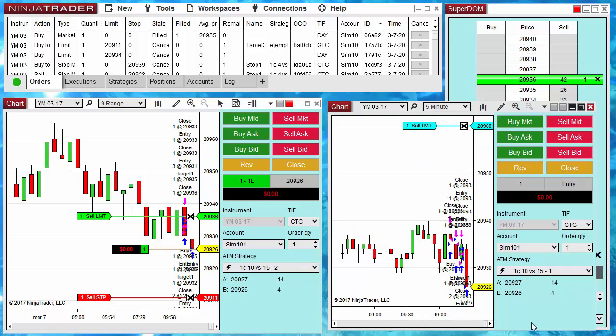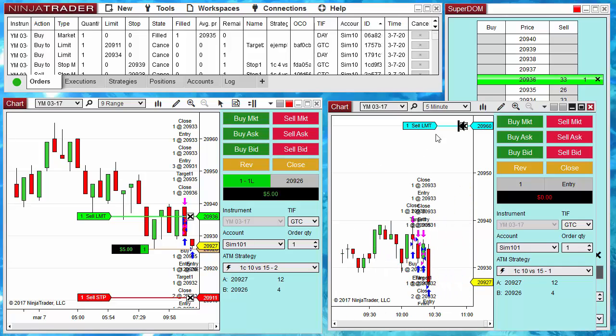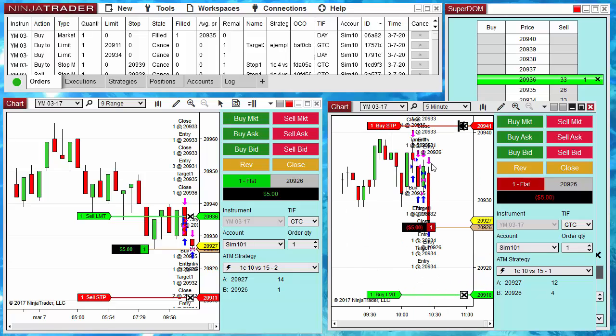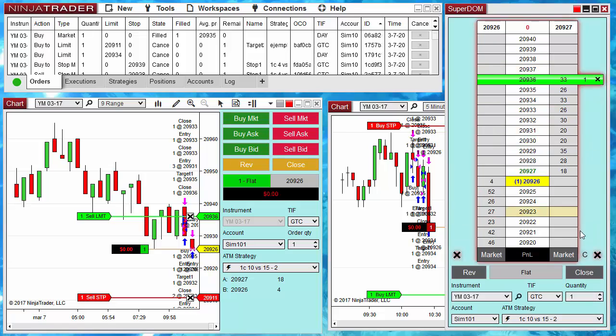on this ATM. Let's say that we want to fill the short order, so we move it over the current price, and we can see that we now have a short on this chart. Order filled. We are long on the left chart and short on the right chart, each one with its own target and stops.